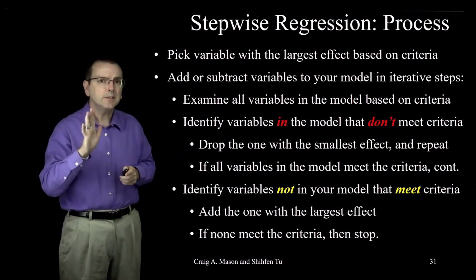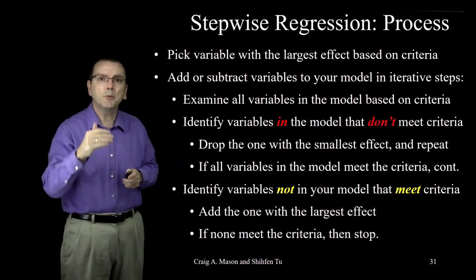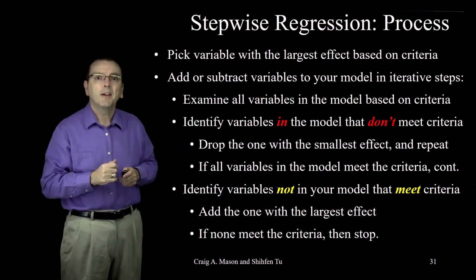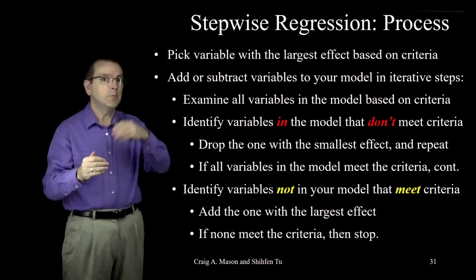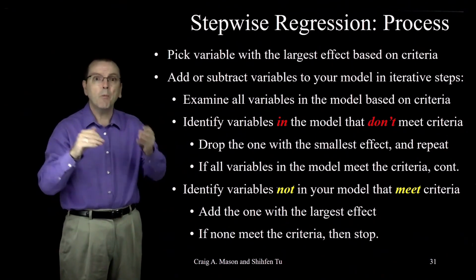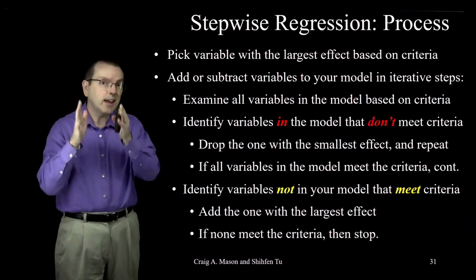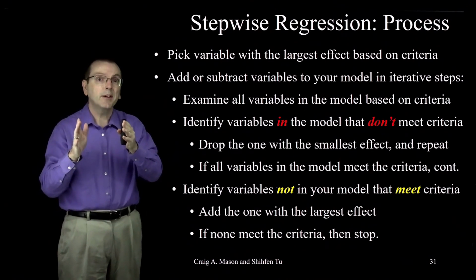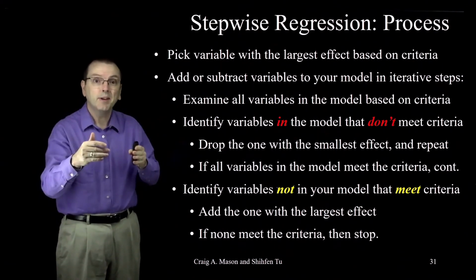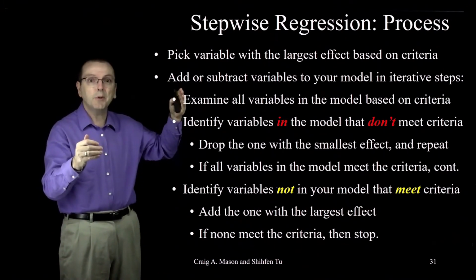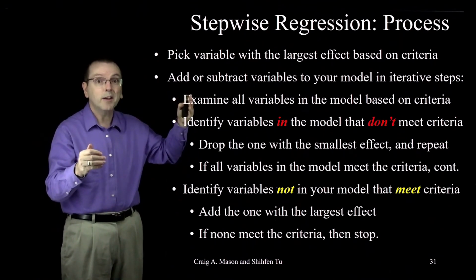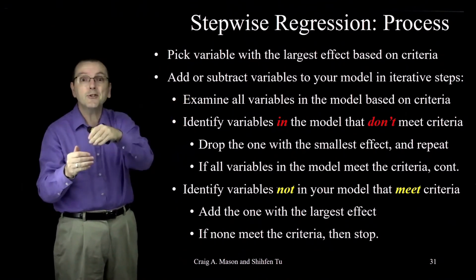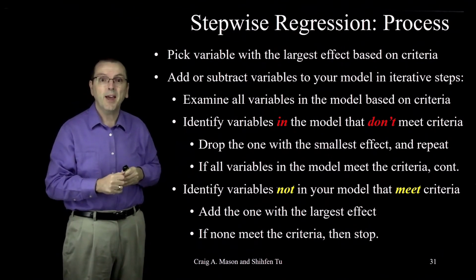So that's the process for a stepwise multiple regression analysis. Variables are added and removed from our model one by one until everything in our model meets our criteria for being in the model, and none of the variables that are not in our model meet the criteria for entering our model. Okay?